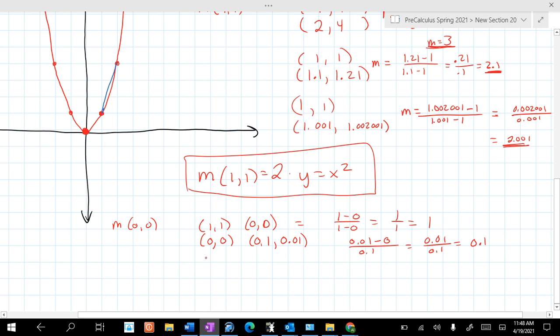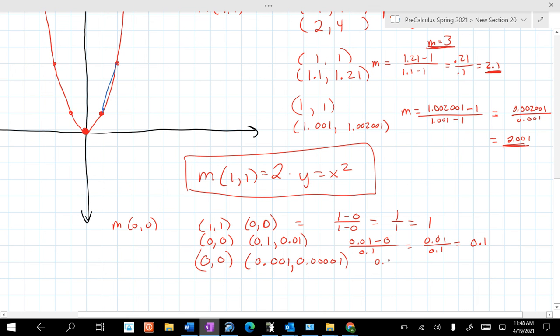Now I'm going to get even closer to 0,0. I'm going to go 0.001. 0.001 squared is 0.000001.